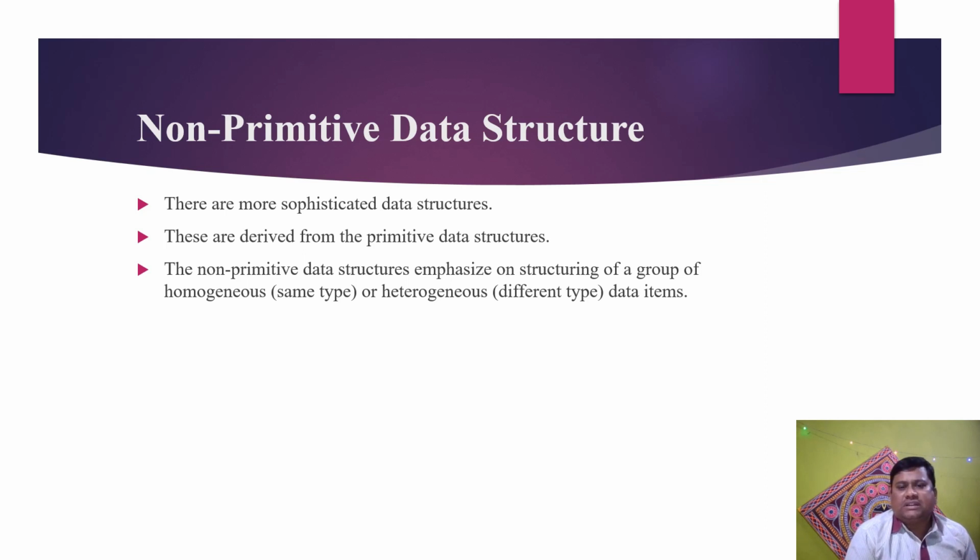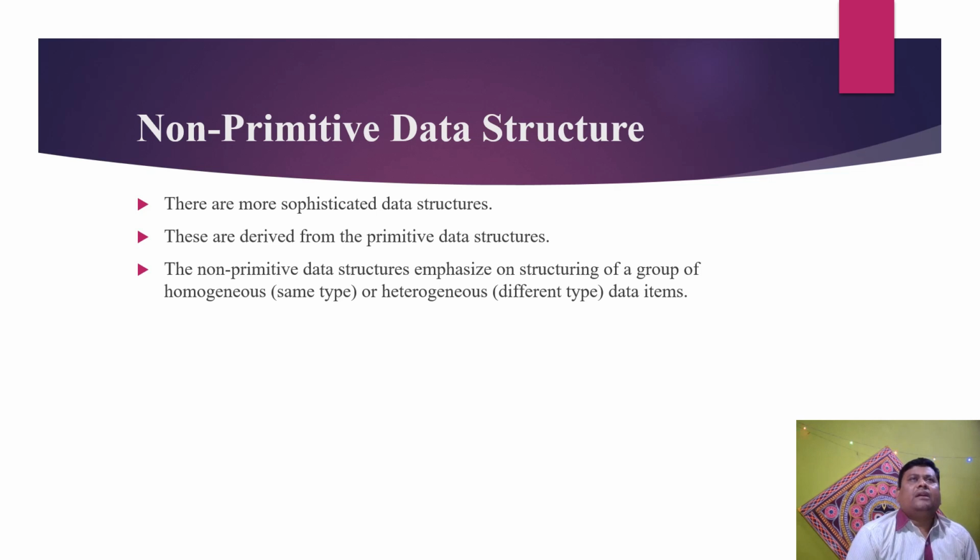And heterogeneous is different types of data, like structure in data structures. So structure and array are actually two different things. An array is homogeneous, and a structure is heterogeneous. A structure is a collection of different data types.